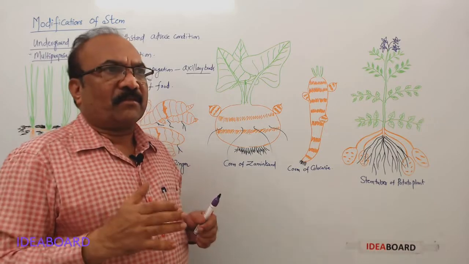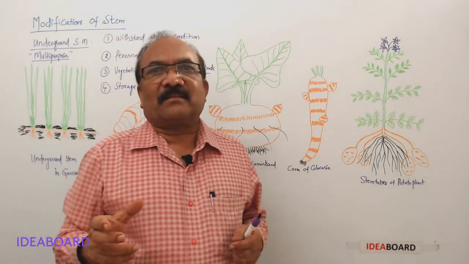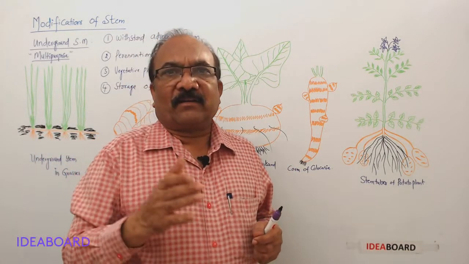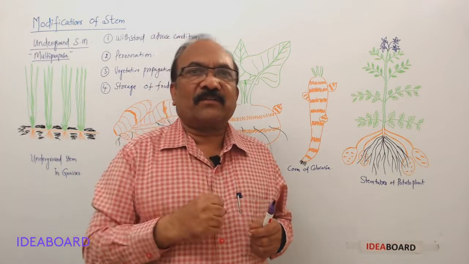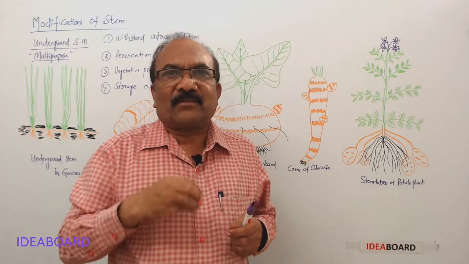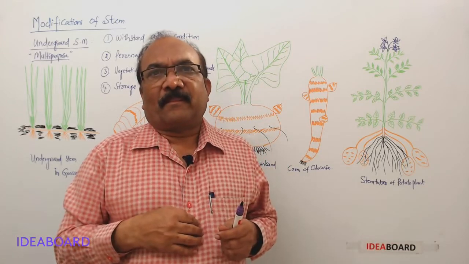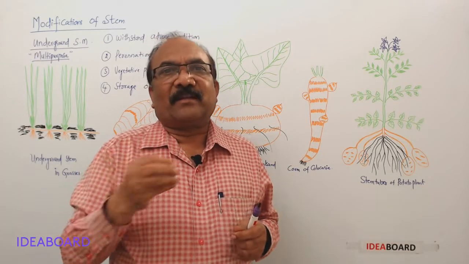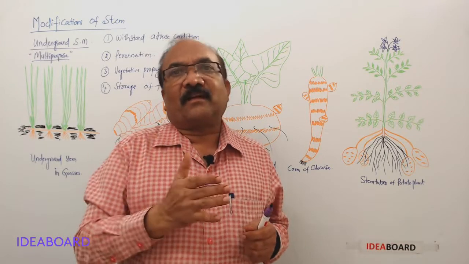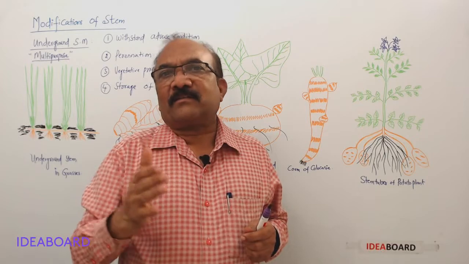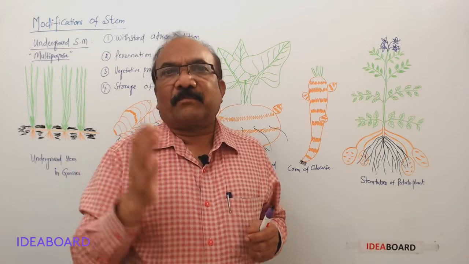When they survive for one season, we call them annuals, and when they live for two years, we call them biennials. But one special feature of these plants with underground stems is that they can survive for many years. That's why plants with underground stems are not annuals or biennials, they are perennials.